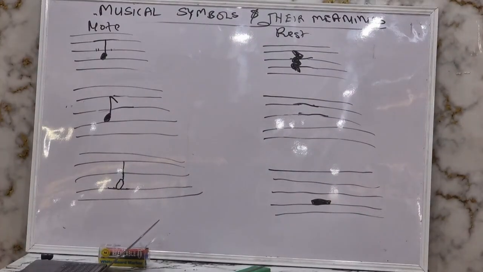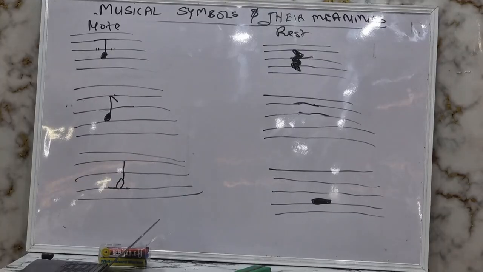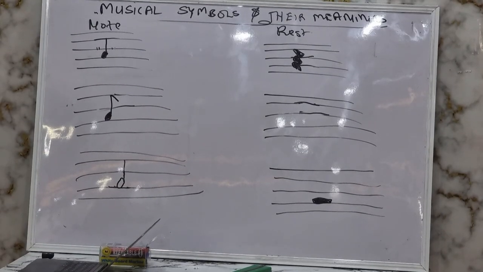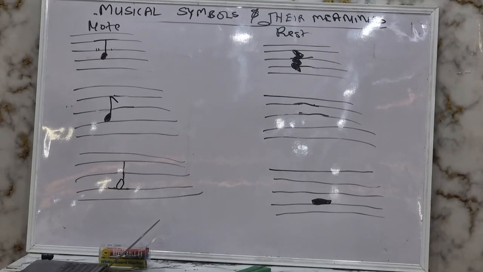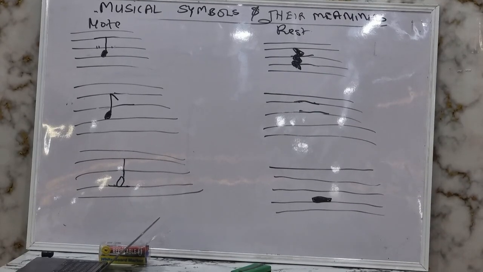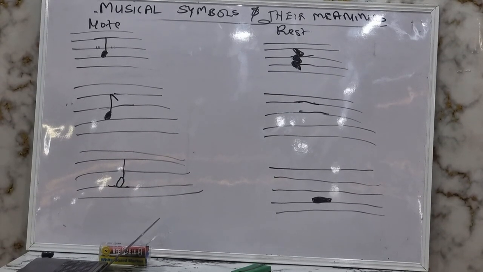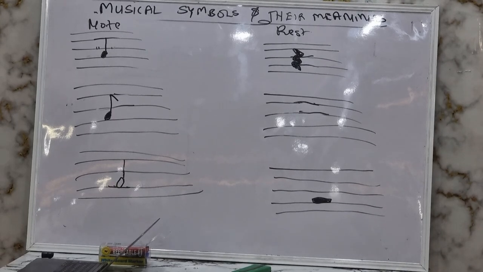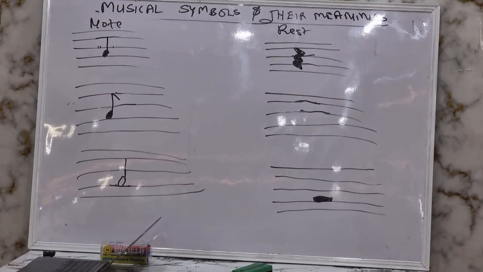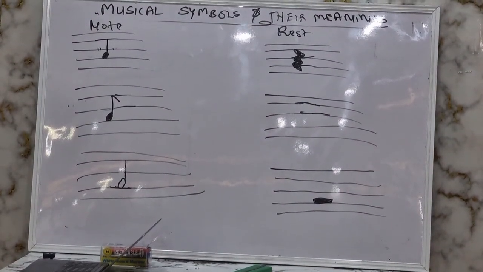It's not D. Sorry. What key is that? Simple. How do you then use that? How many flags do we have?